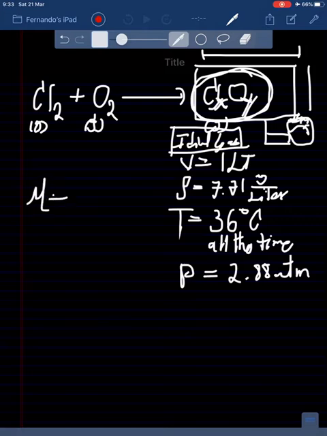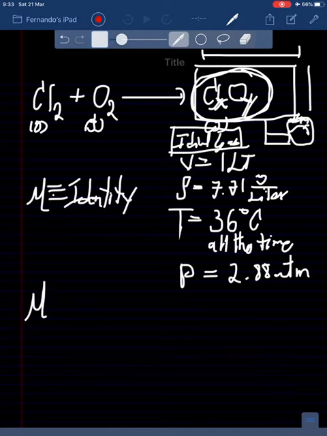Why? Because the molar mass is going to give me a certain amount of information about the identity of the gas. So I already have a definition for that. I know that the molar mass of a gas is the same as the density times R times T over P.